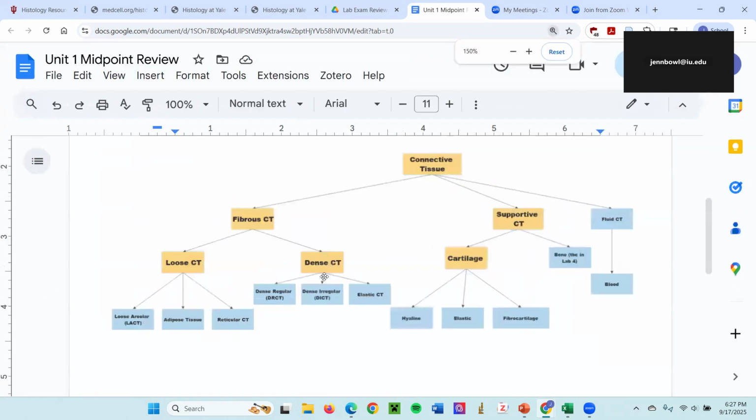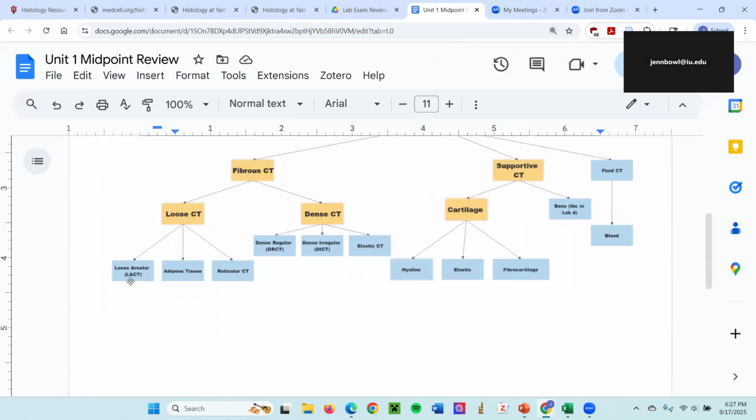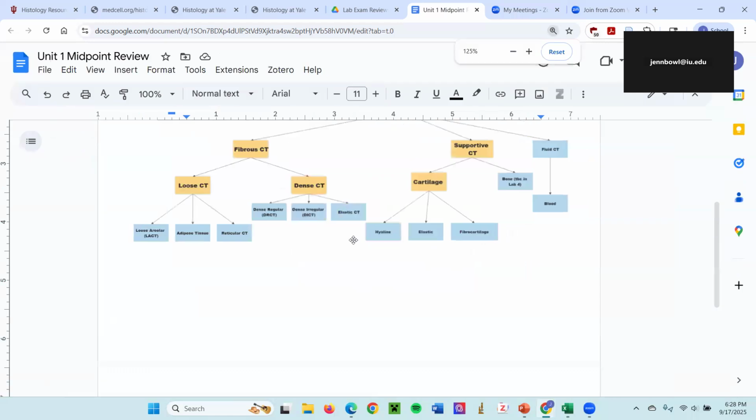But just to recap, loose areolar connective tissue is a really good one to ask. So is adipose tissue. We don't have a great example of reticular connective tissue, so that's less likely to appear on there. But you definitely want to know your dense connective tissue, dense regular, dense irregular, and elastic connective tissue. And those are what I'm going to focus on in this review.